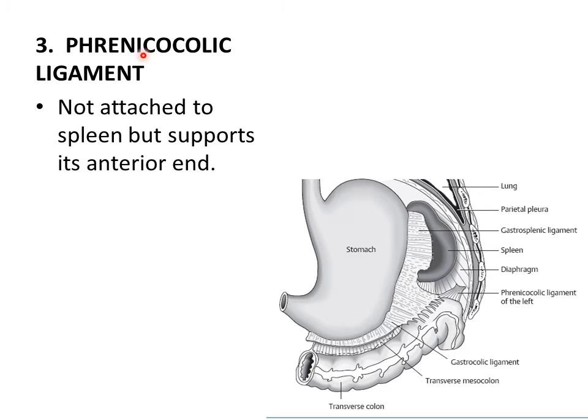Phrenic word is for the diaphragm, colic is for the colon, right? So over here is the diaphragm and this is phrenicocolic ligament, right? From the colon over here and this is diaphragm and it supports its anterior end, but it is not attached to the spleen. You can easily see in this picture, right?